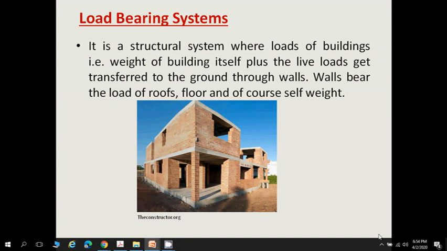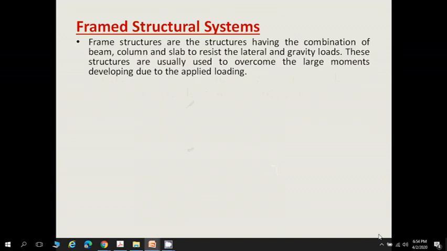So the load acting on the roof, or its self-weight, is directly transferred to the masonry walls, and through the masonry walls it is directly transferred to the subsoil strata, which is soil. So the load is directly transferred to masonry walls, and then the masonry wall transfers it to the ground surface.